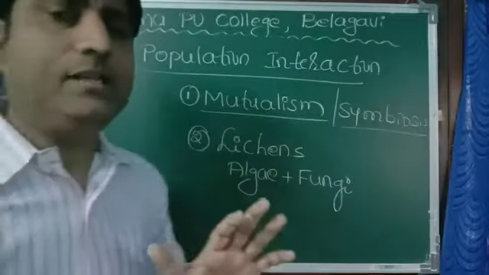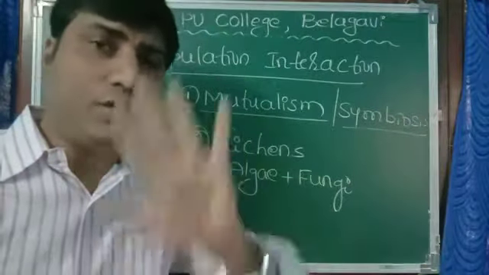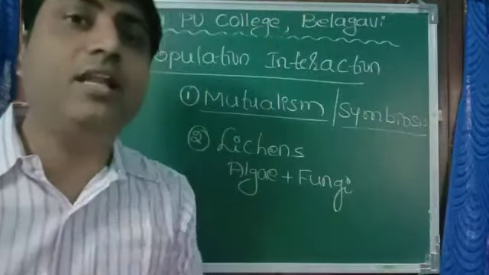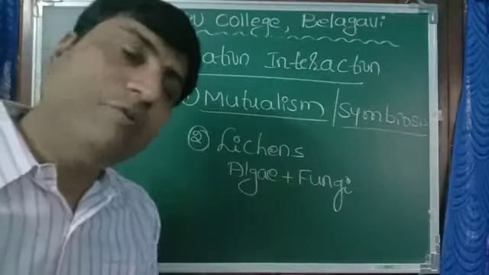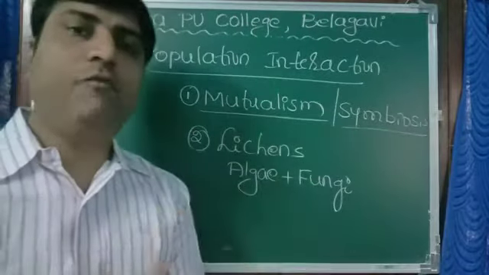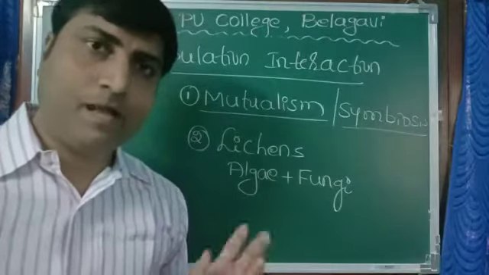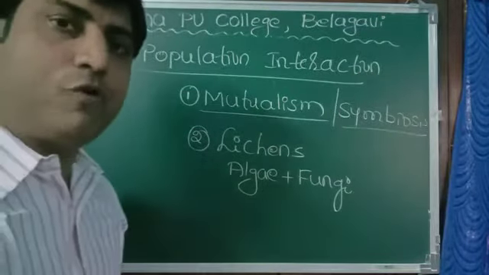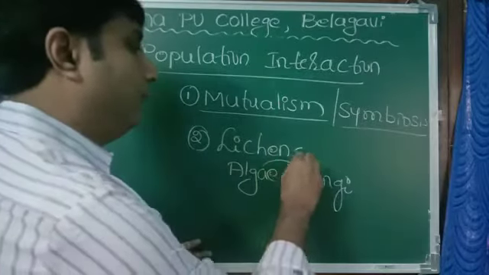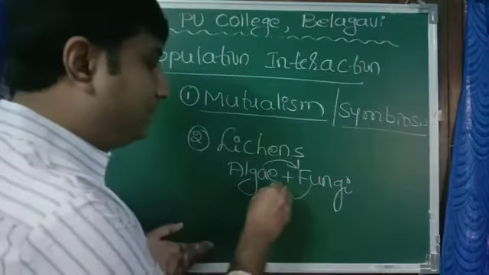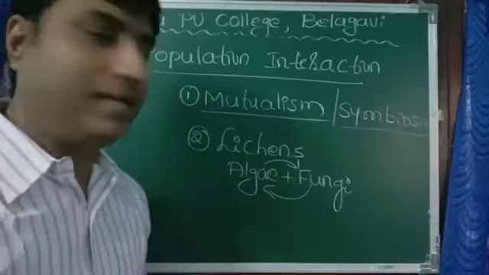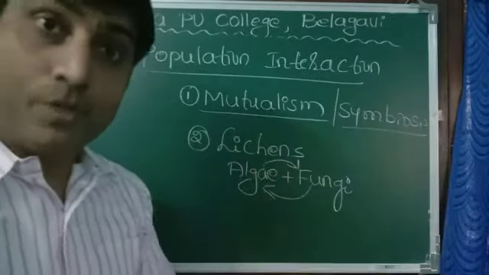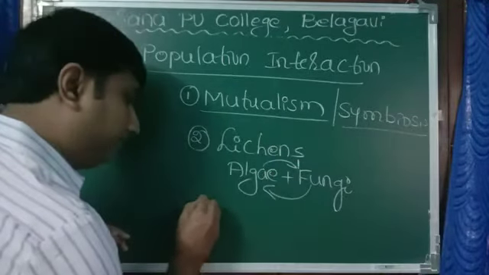You might have seen on a huge tree, on its bark, some white or grey colored patches. They are actually living organisms. It's algae and fungi. They live together. Algae, you know, contain green pigment. They can prepare food by photosynthesis and provide food to the fungi. Fungi provide them shelter and the required nutrients. See, this is mutualism.